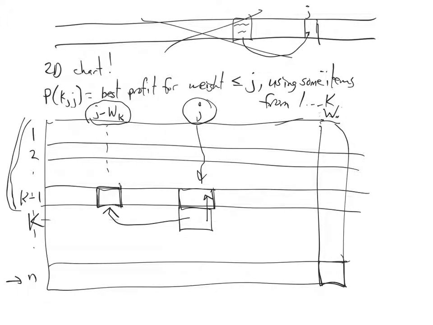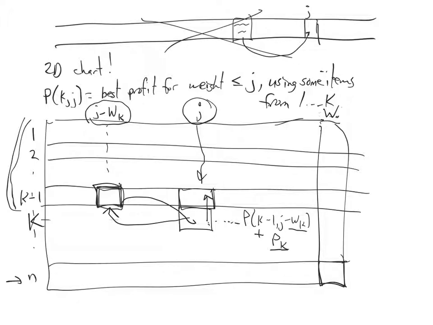This is the most clever way possible to use that weight as your capacity for choosing which items to use. If you take that clever thing and now you're allowed to use item K, one of the possibilities is whatever's in cell P of K minus 1, J minus W sub K, which looks crazy, plus P sub K. So we're taking away the weight of item K when we move to the column to the left, and we're adding in the profitability.